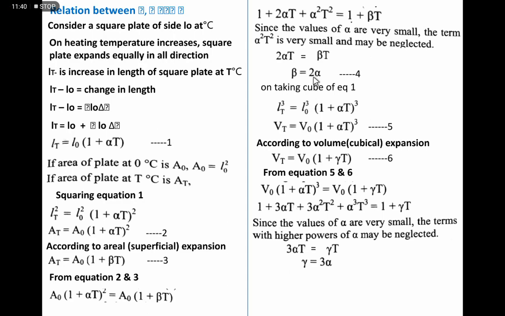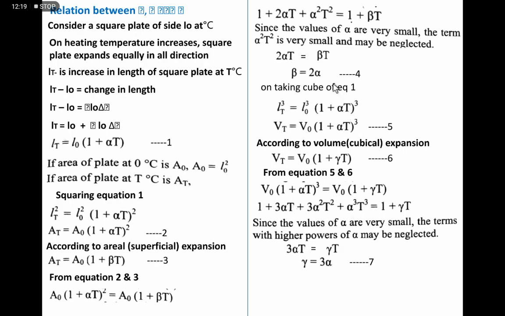Now remember here, equation number 7, we'll write alpha is equal to beta divided by 2, and here we'll write alpha is equal to gamma divided by 3. So alpha is common, and it is the same in equation number 4 and 7. I repeat, here we divide by 2, it becomes beta divided by 2 is equal to alpha, and here it becomes gamma divided by 3 is equal to alpha.